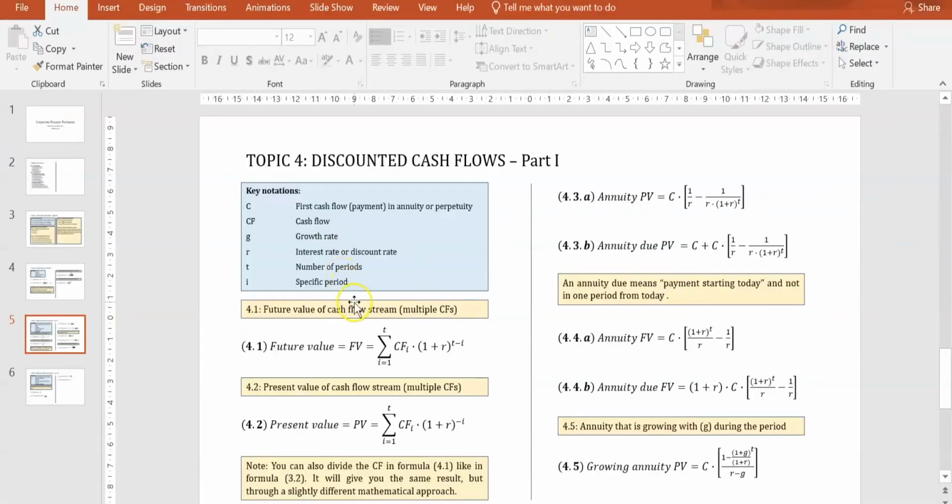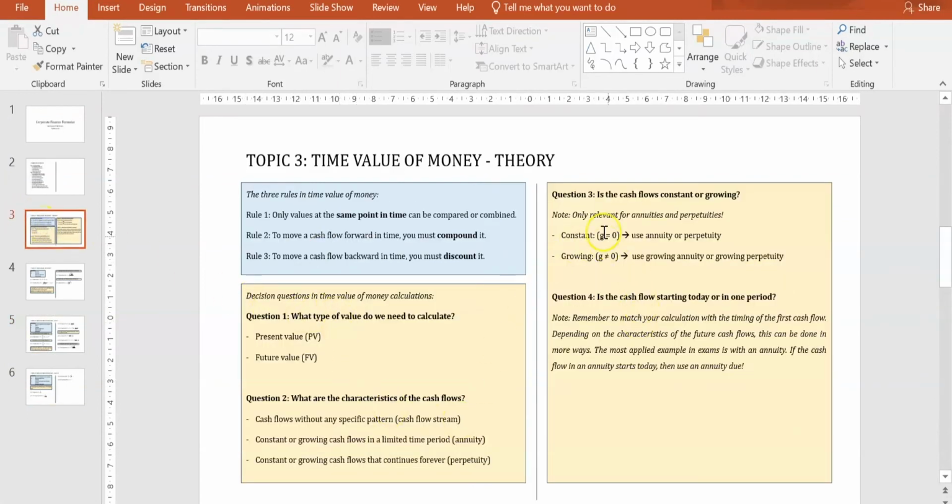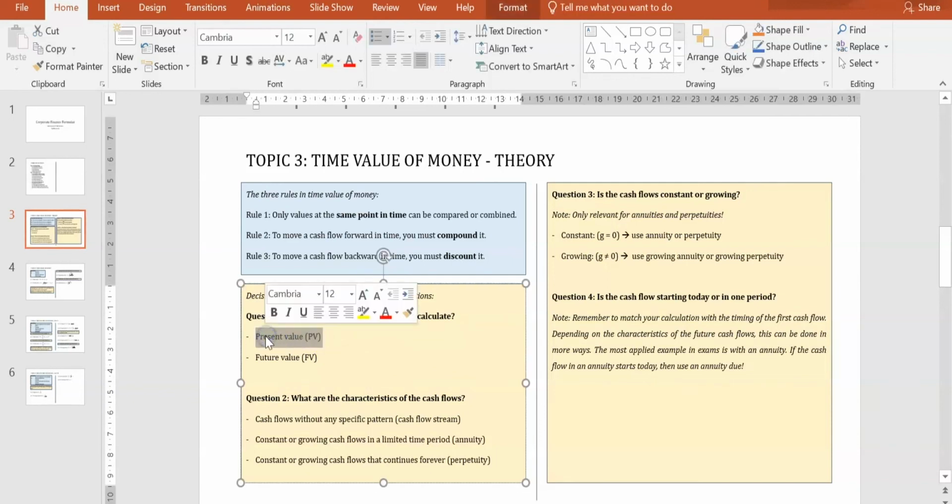So if we look in the formula collection here, you could also for this one have gone through all the different questions here, and that's a good way to do the first times you calculate assignments like this. So this one would quickly be, okay, we need to find the present value. So we asked, what is the value today? What are the characteristics? It continues forever, so we are looking at a perpetuity.